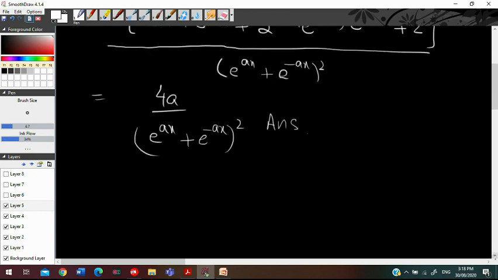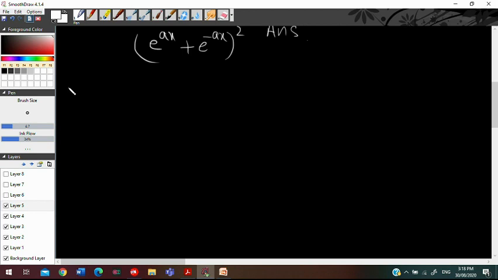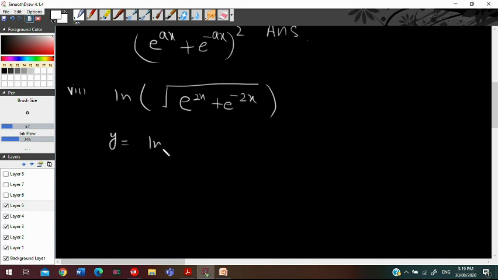The last part is the 8th part, in which we have log of under root exponential 2x plus exponential minus 2x. So let's say y is equal to log of under root exponential 2x plus exponential minus 2x, and we apply the derivation.